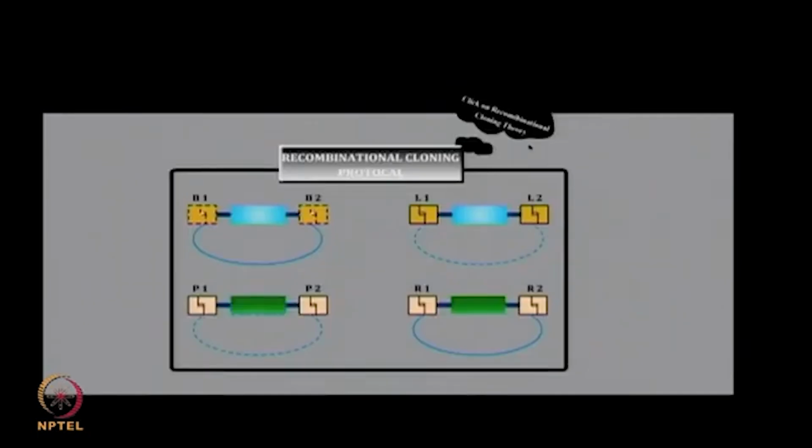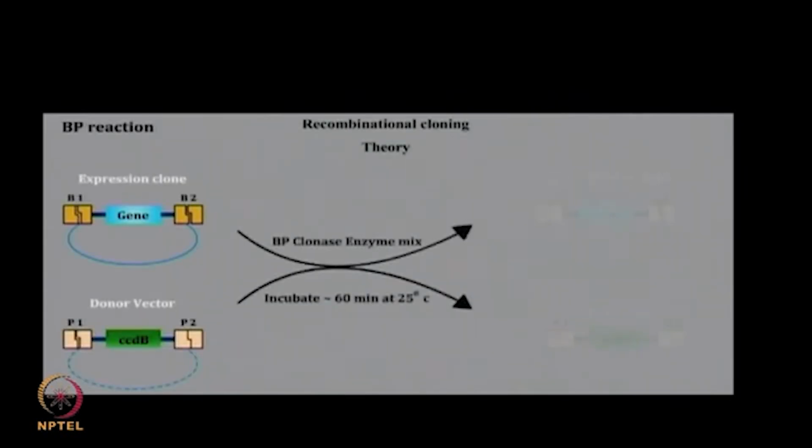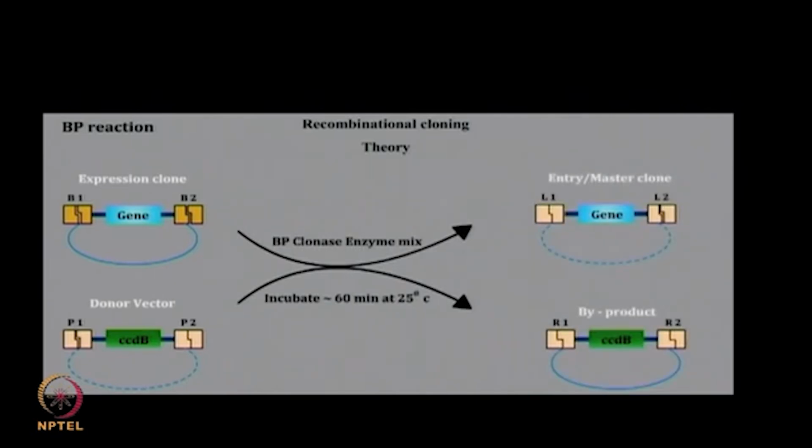Let us now talk about recombinational cloning. The recombinational cloning involves two reactions, BP reaction and LR reaction. The BP reaction of gateway cloning is a site specific recombination reaction between the attB site of an expression clone or a PCR product and the attP site of a donor vector in the presence of BP clonase enzyme master mix.